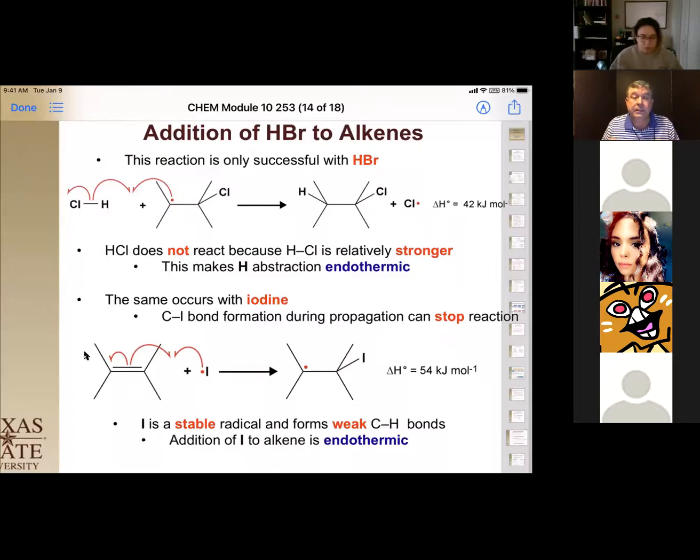So this is only successful with HBr. Notice I only used HBr in the last chapter with that radical initiator because it only works with bromine. Bromine's the only one that's going to form an exothermic bond. In the case of iodine or chlorine, it actually forms an endothermic bond, and therefore the reaction does not progress.